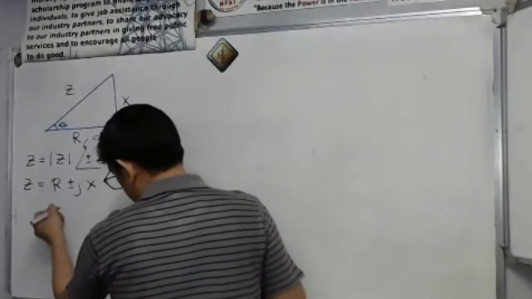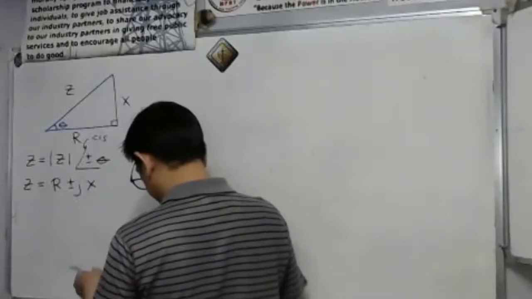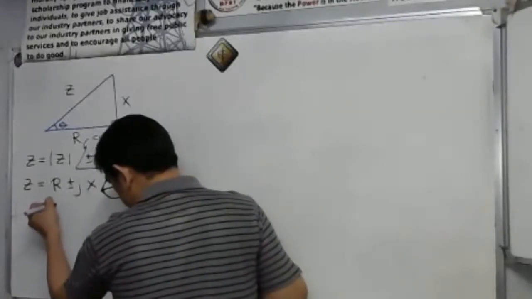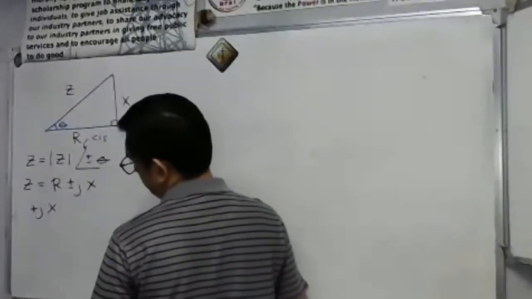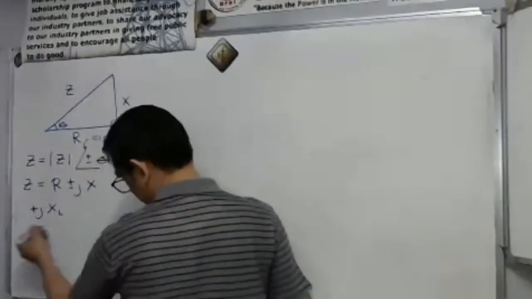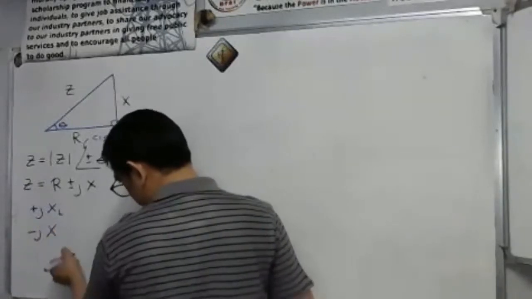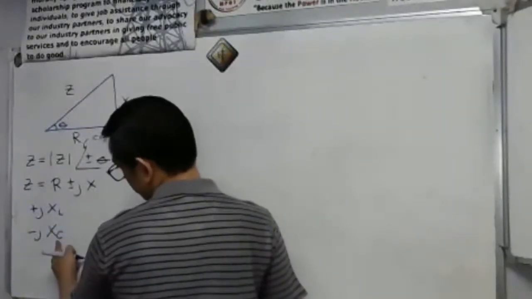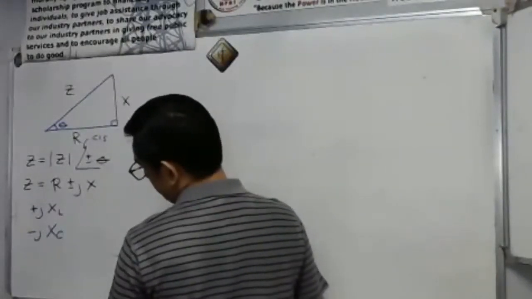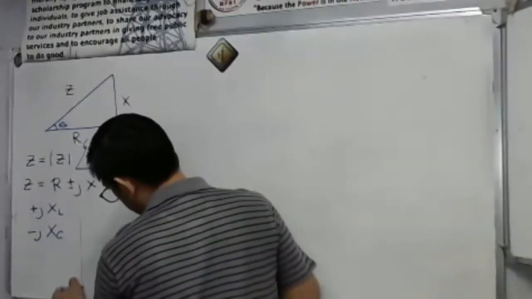So, take a look here. We have here our X. If we have a positive jX, it means it is X sub L, automatically. If we have a negative jX, it means that is a capacitive reactance. So we have here the phasor.